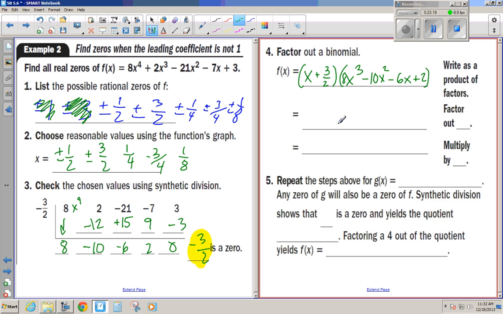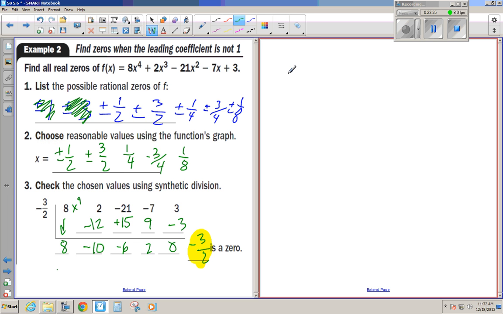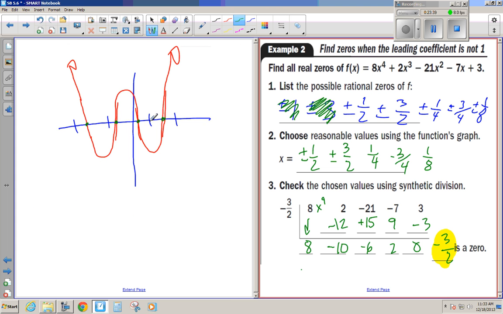All right. And I'm not sure about the rest of these directions. I would personally look at the 8, negative 10, negative 6, and 2, and see if synthetic division will help you get it to a quadratic. So we know that negative 3/2 was a solution. And let's look at some of these others. I'm not sure what the answers are, so we're going to give it a try.